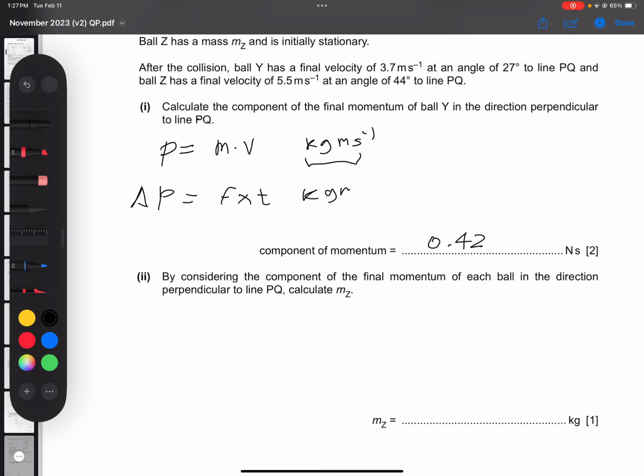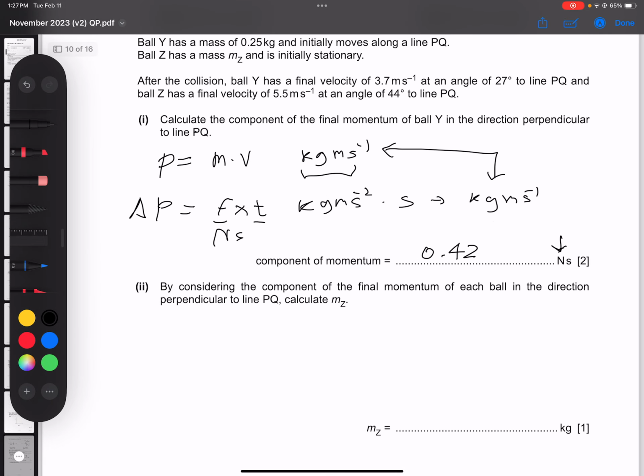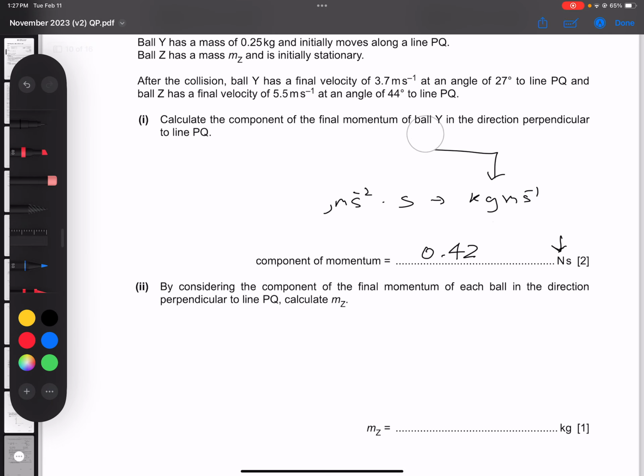Force is kg meter per second square and time is second. So that gives you a value of kg meter per second power minus 1. So you can see that both of them equal momentum, and also force and time is also just Newton seconds, which is what this is. So if you see this, do not get scared, okay? It's the same thing. Now let's move onward.